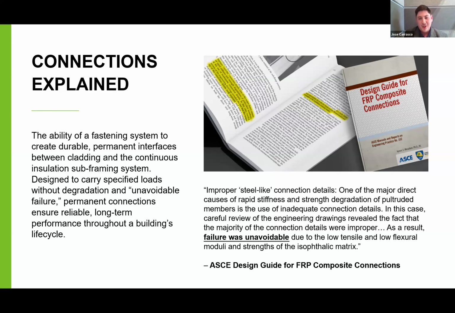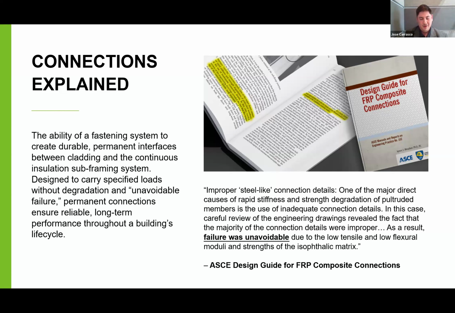I won't read the full excerpt, but that last part is pretty important. In this case, careful review of the engineering drawings revealed the fact that the majority of the connection details were improper, and as a result, failure was unavoidable due to the low tensile and low flexural moduli and strengths of the isophthalic matrix.